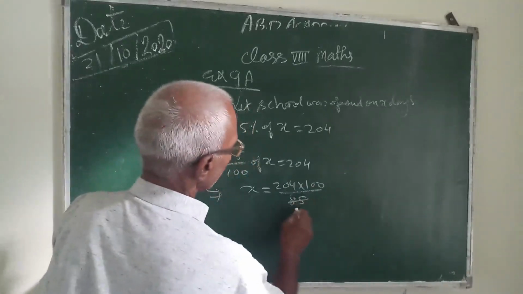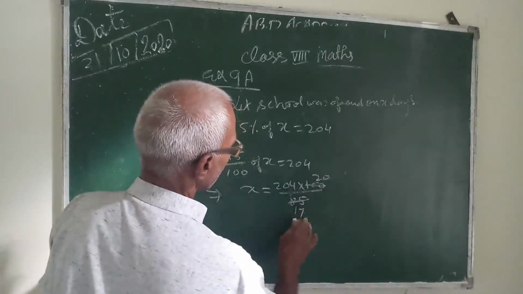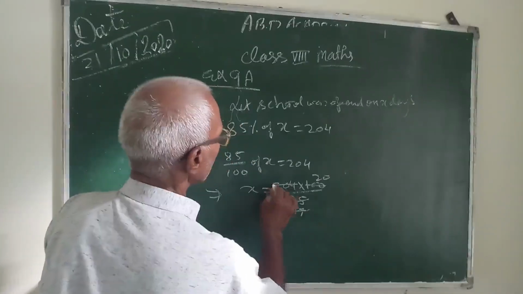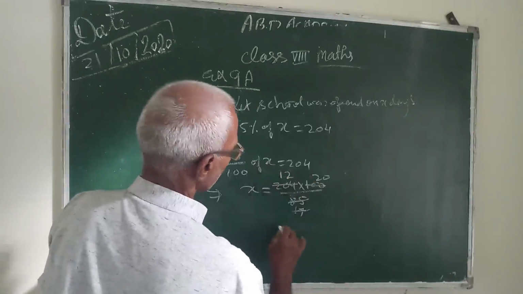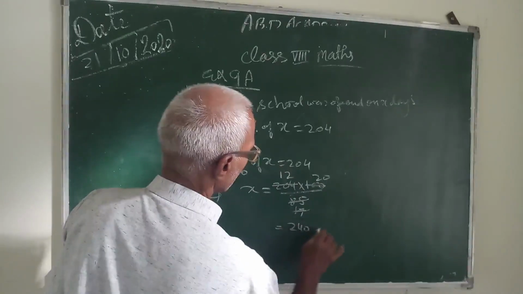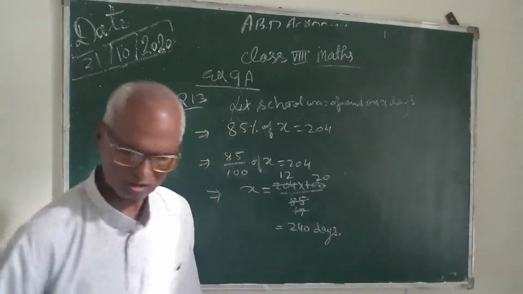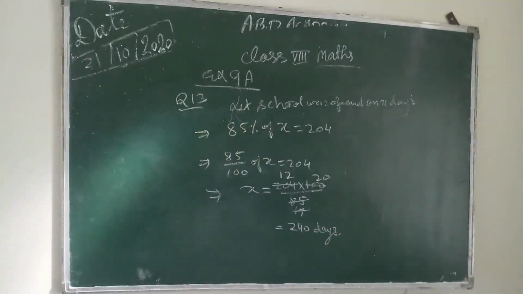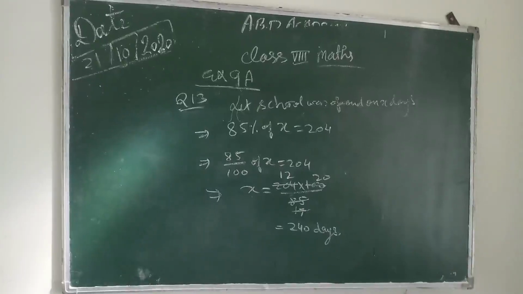By 5, 17 fives are 85, 5 fours are 20, 204 divided by 17 is 12. 12 twos are 24, so it becomes 240 days. Means the working days of the school were in total 240 days.